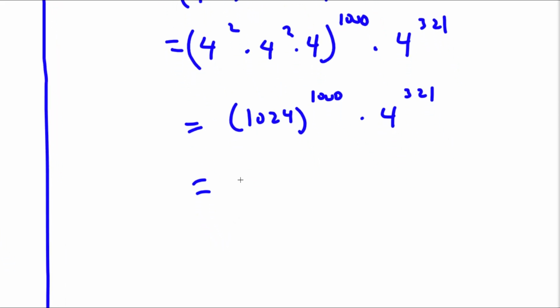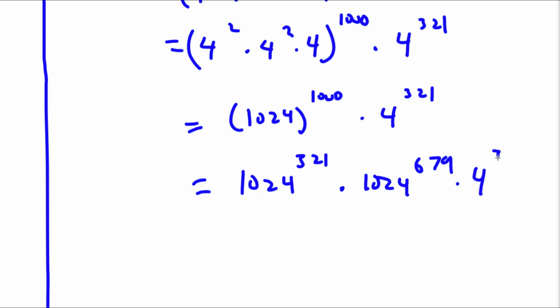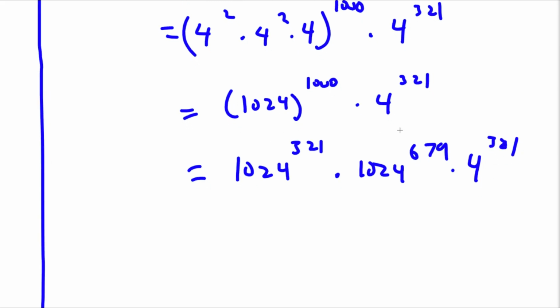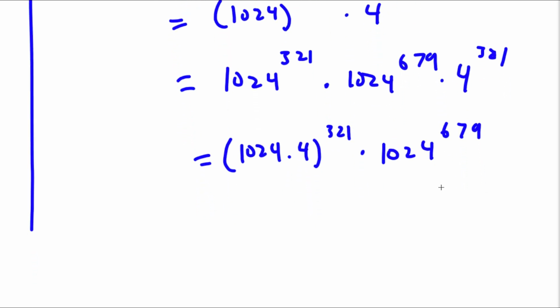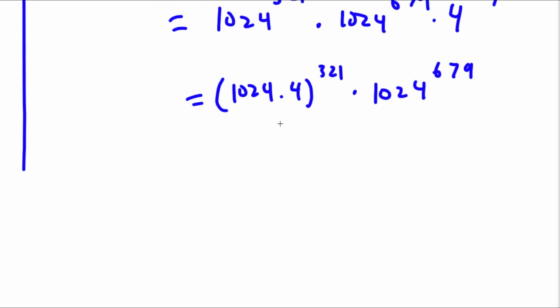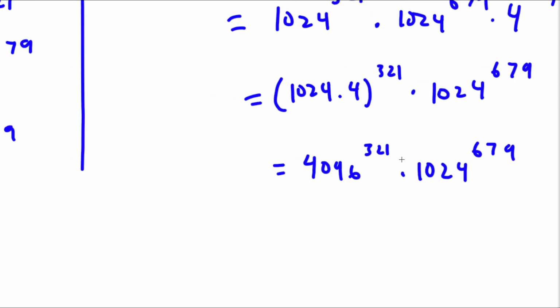And now this is equal to 1,024 to the power of 321 times 1,024 to the power of 679 times 4 to the power of 321. Because these two have the same exponents, we could do 1,024 times 4 to the power of 321 times 1,024 to the power of 679. Now 1,024 times 4 is equal to 4,096, so I have 4,096 to the power of 321 times 1,024 to the power of 679.